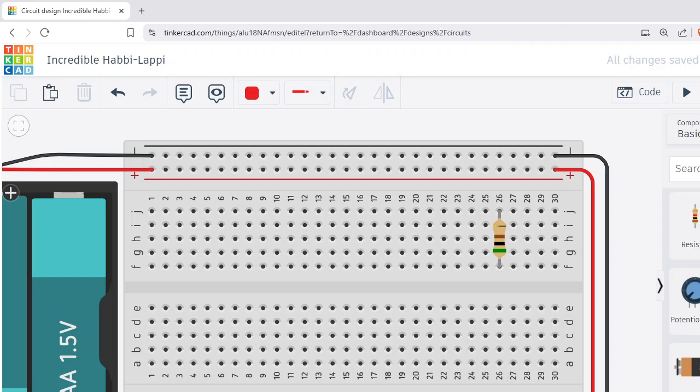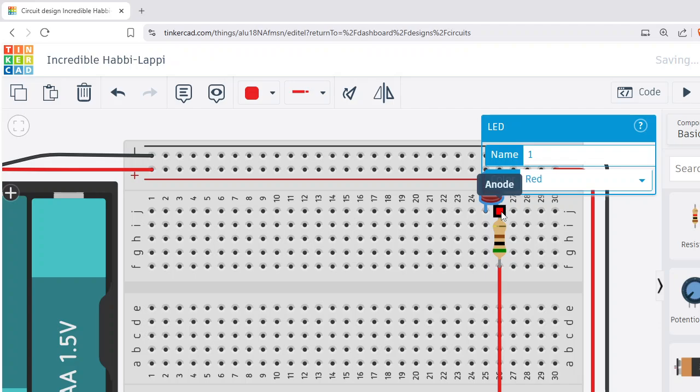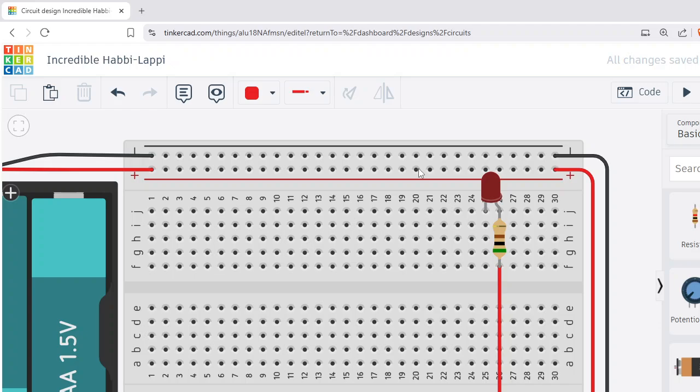So that means if I connect it like this, and then I connect my LED like this, and I connect it like this, what is going to happen?